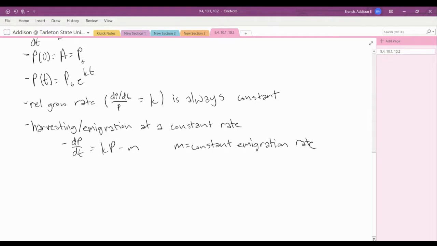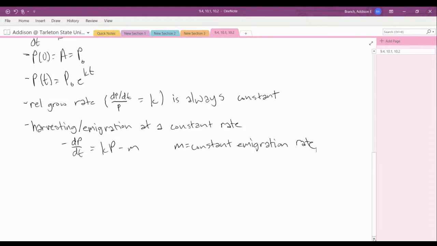But this model, or law of natural growth, doesn't always take into account real life factors, because what this one is saying is that the population will just keep growing and growing at an exponential rate.